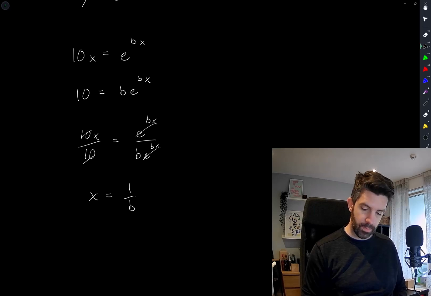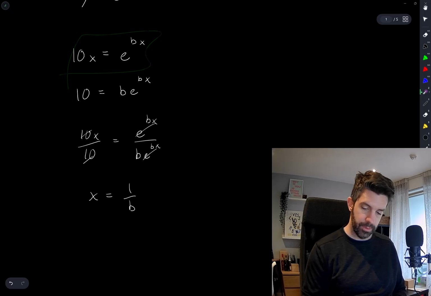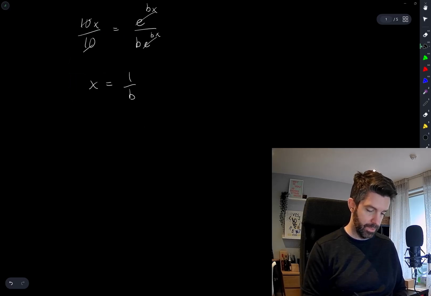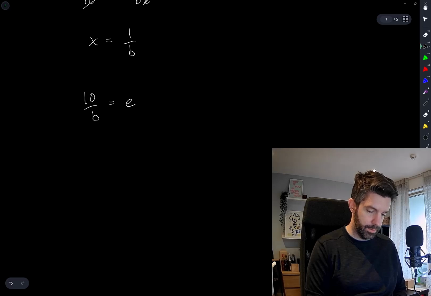I'm now going to substitute x is equal to 1 over b in the first equation. So I have 10 over b is equal to e, and I have b times x, which is 1. So I'll just write it like this. So this says that b is equal to e over 10.